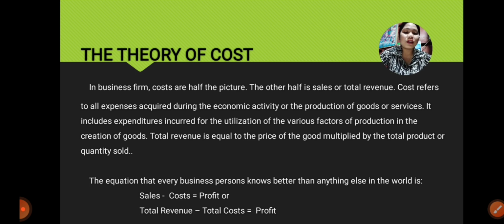Then the equation that every business person knows better than anything else in this world is sales minus cost equals profit, or total revenue minus cost equals profits. That's all for my report.